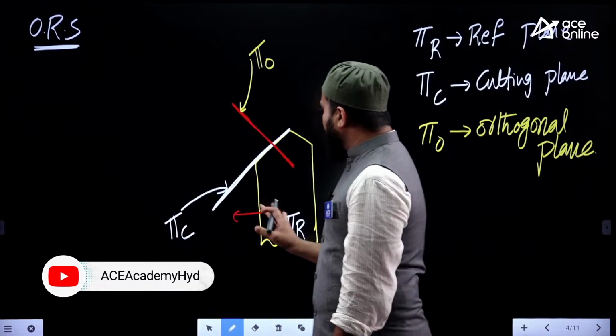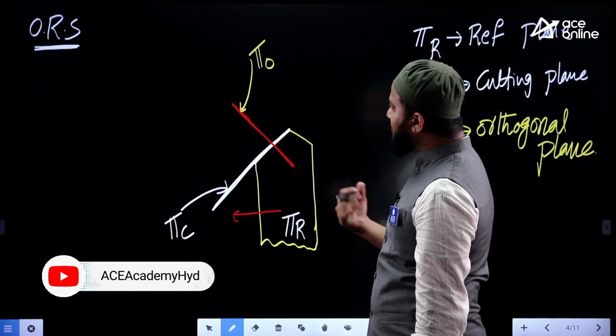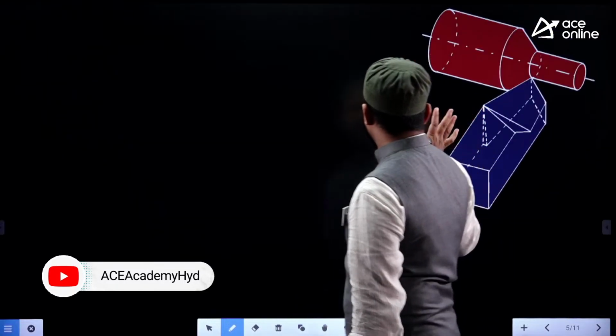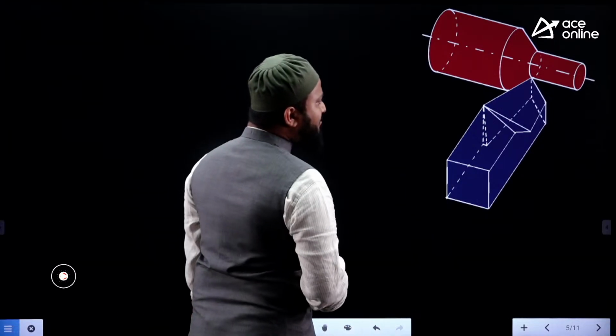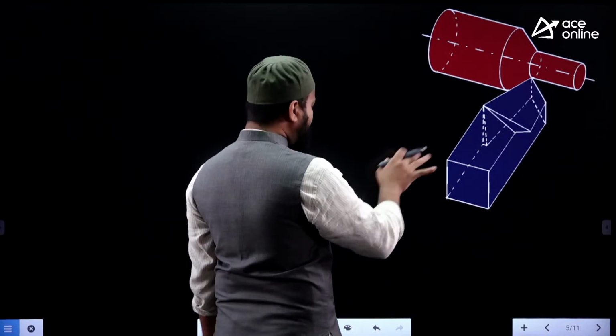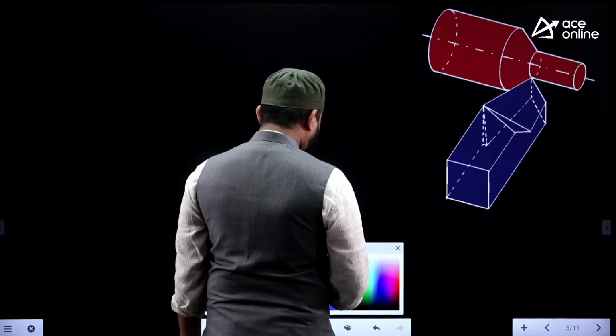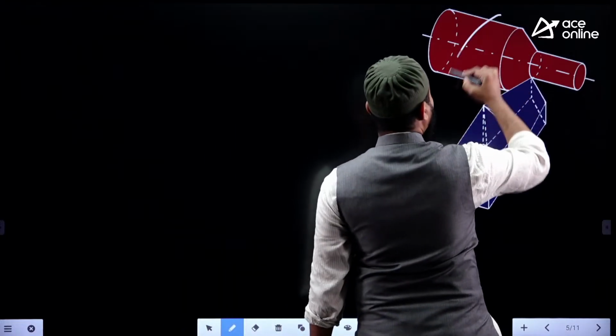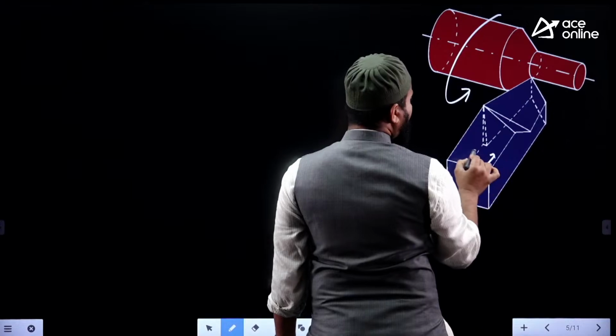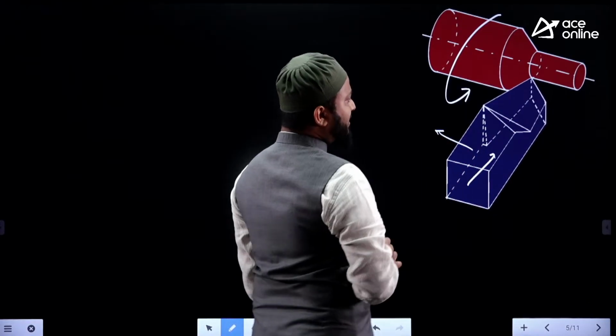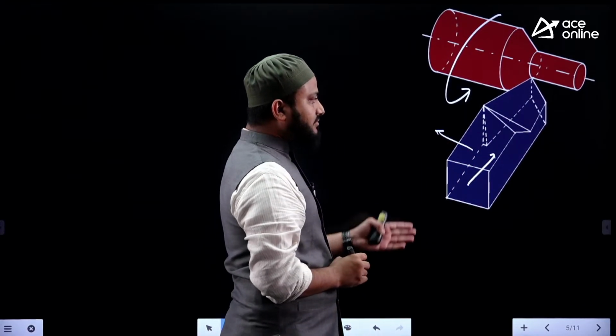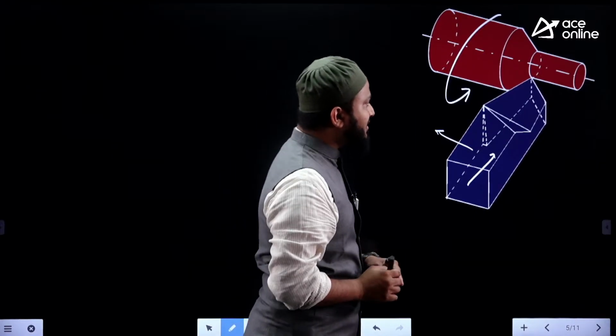Even here also. Based on this, when you observe the tool and workpiece together, the plane which I am talking about is along the reference plane. This is the 3D projection of the tool and workpiece, where the workpiece is rotating and to the tool we provide depth of cut and feed. See, we already have a few assumptions here.